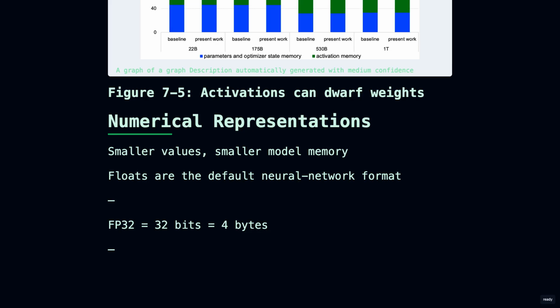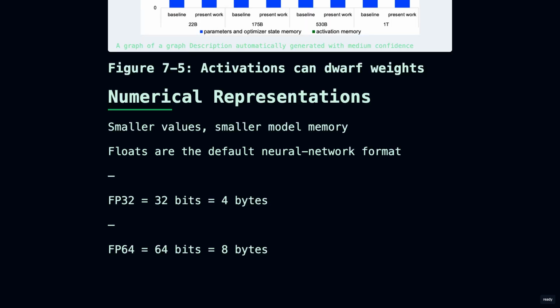Next is the larger 64-bit format, which gives you more room but uses more memory. FP64 uses 8 bytes per value and is called double precision. It is useful in some scientific computing, but it is expensive for large neural networks.